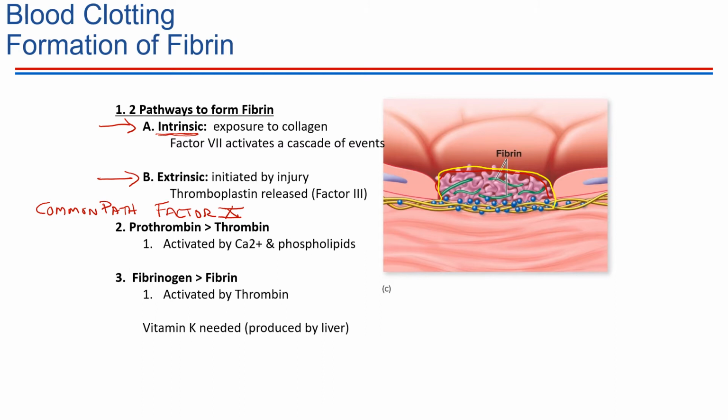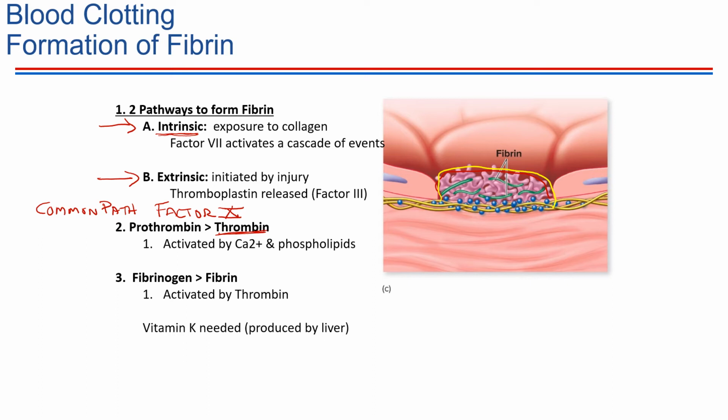Factor 10 will activate prothrombin, and that's going to turn into thrombin. The prothrombin is activated by calcium and phospholipids; that's how it's turning into thrombin. So there's actually G proteins, and we're not going to get into this a whole lot. G proteins are going to bring calcium into that area, and that calcium is going to activate the prothrombin.